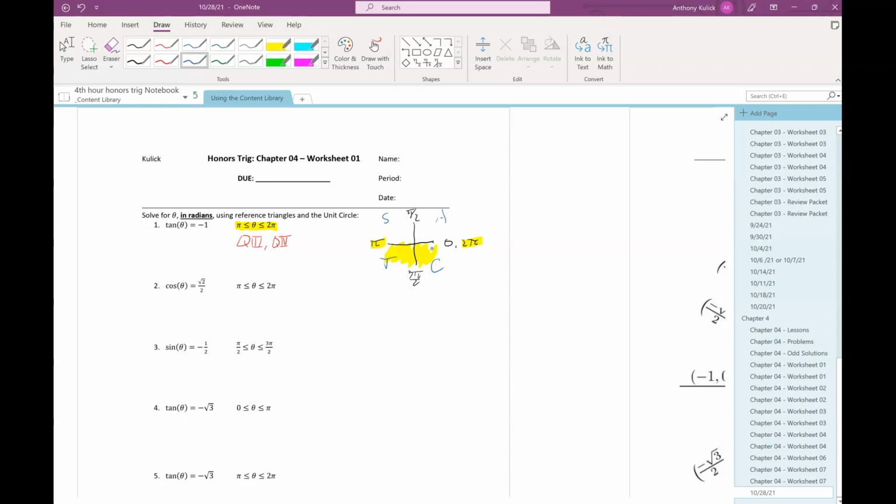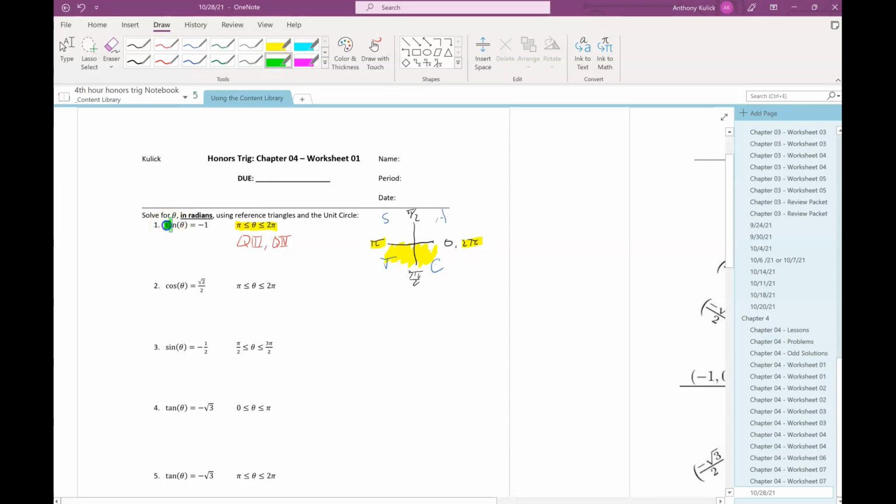The S in quadrant 2 tells us sine is positive, so cosine and tangent are negative. The T in quadrant 3 tells us tangent is positive, so sine and cosine are negative. And the C in quadrant 4 tells us cosine is positive, so sine and tangent are negative. Is everyone okay with that?